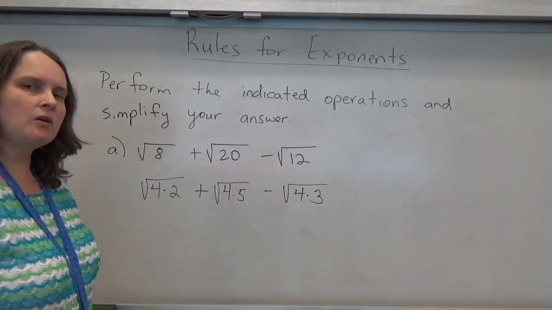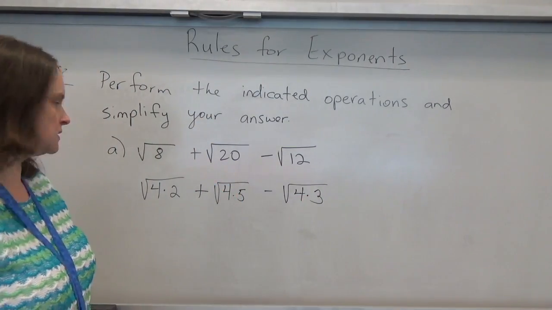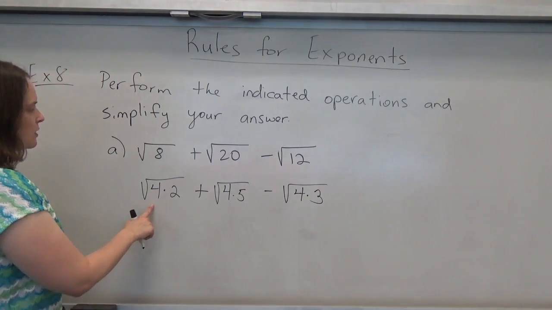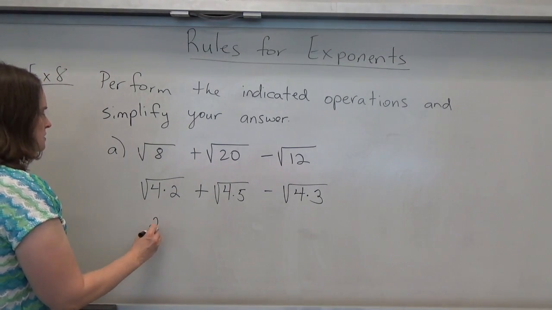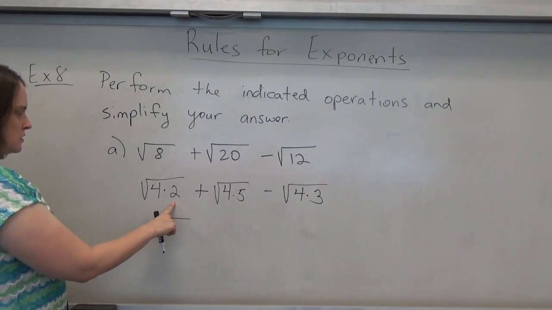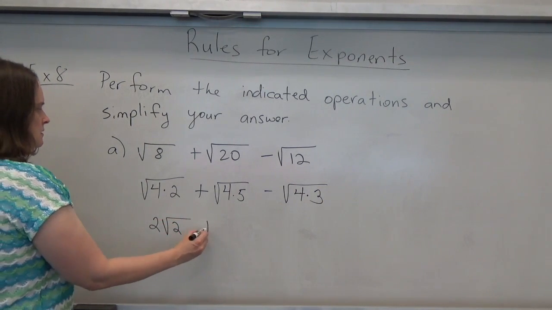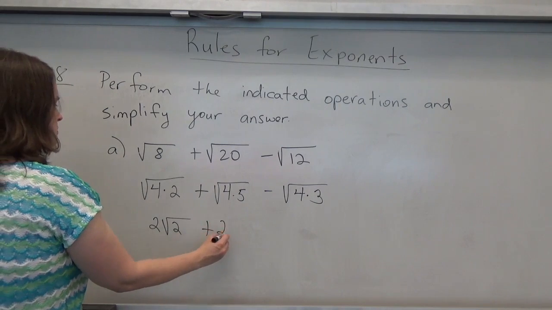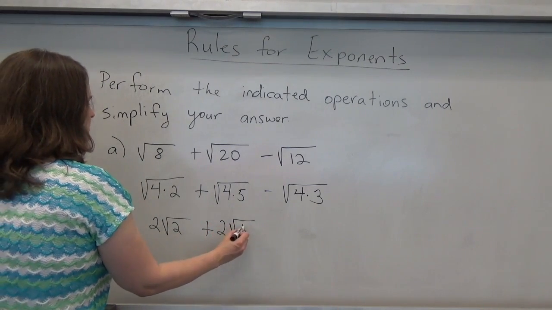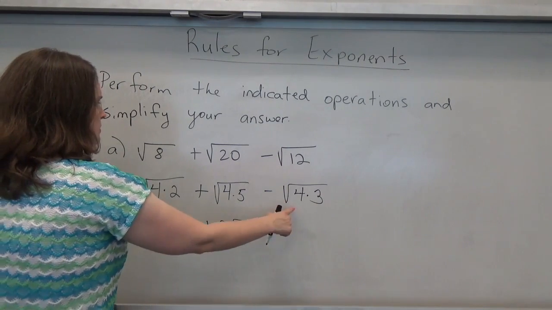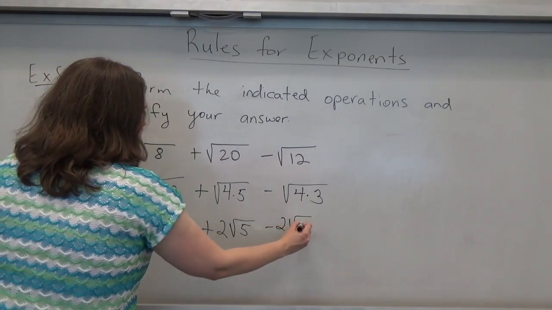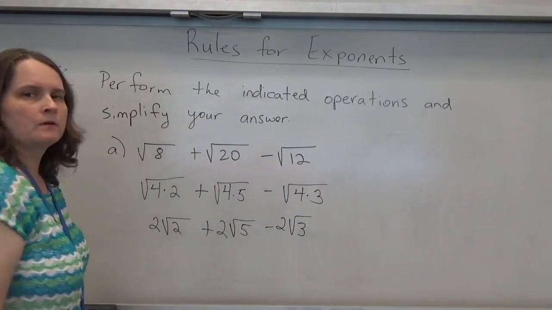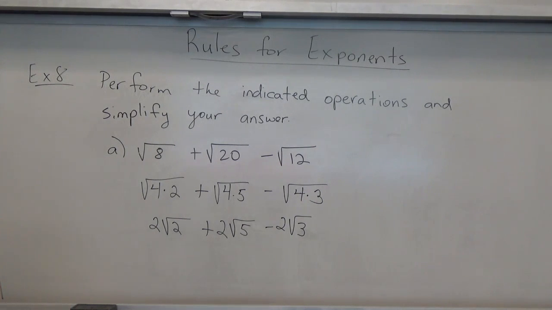So this does allow us to pull that 4 out of each of these radicals. The square root of 4 is 2, so we're going to have 2 times the square root of the 2 that's still inside, plus 2 times the square root of 5, minus 2 times the square root of 3, since the 3 stays on the inside. Now the question is, can any of these be combined any further?